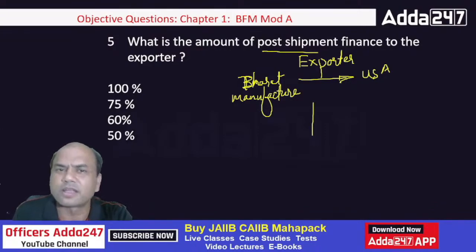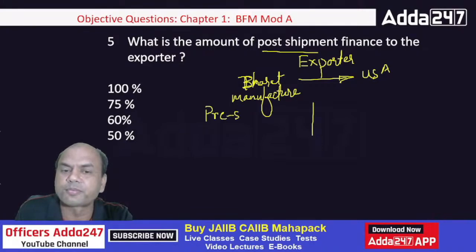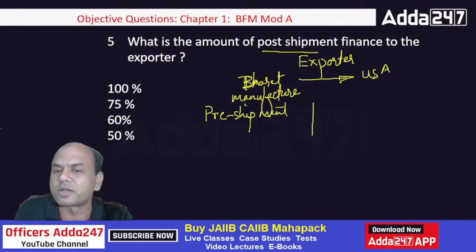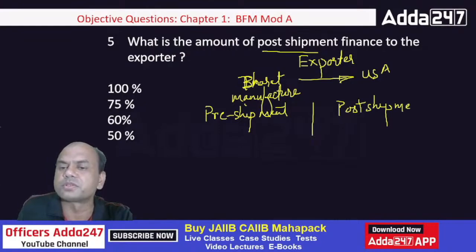Mainly, there are others also, but mainly pre-shipment and second is post-shipment. Pre and post. What happens in pre-shipment? Pre-shipment is for manufacturing.